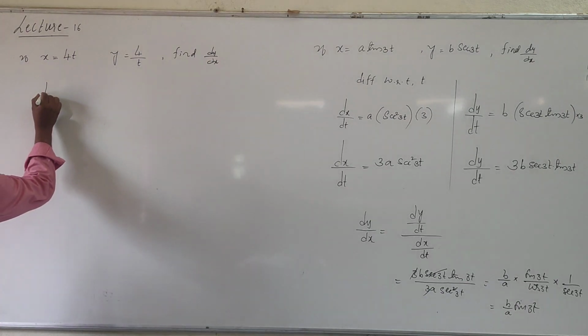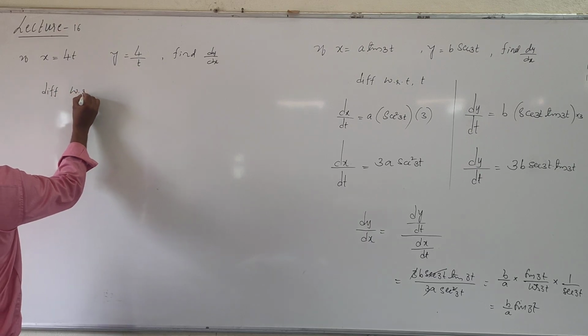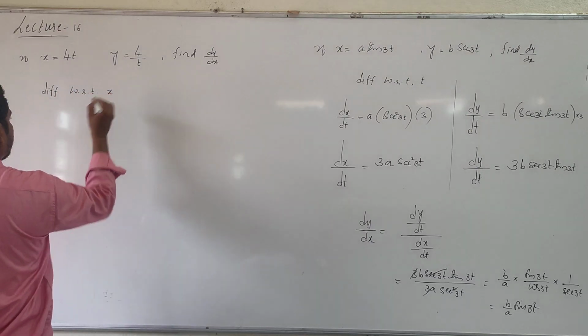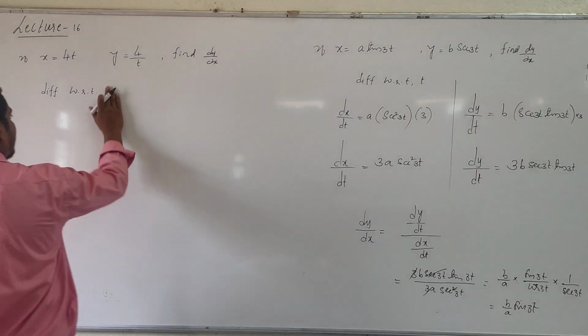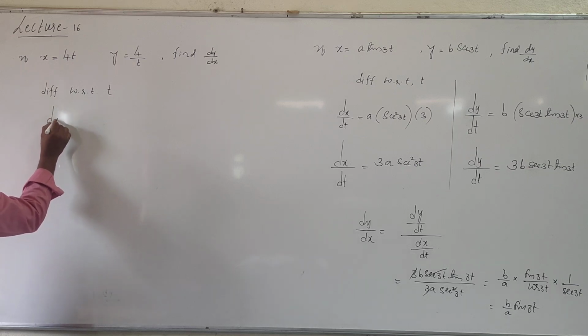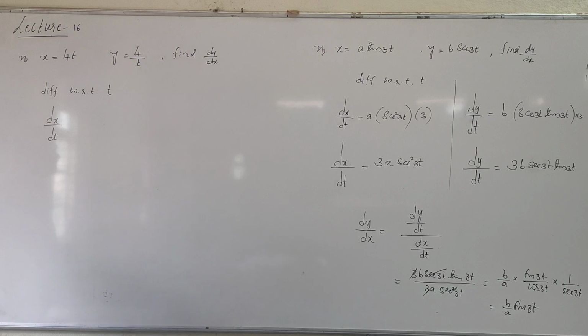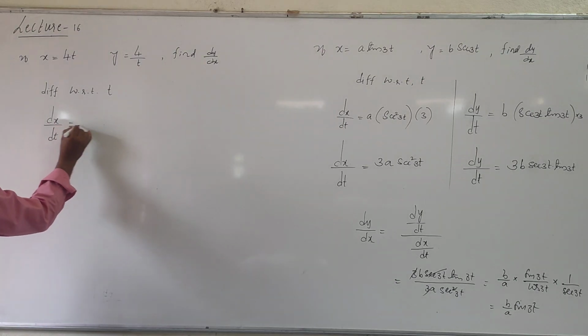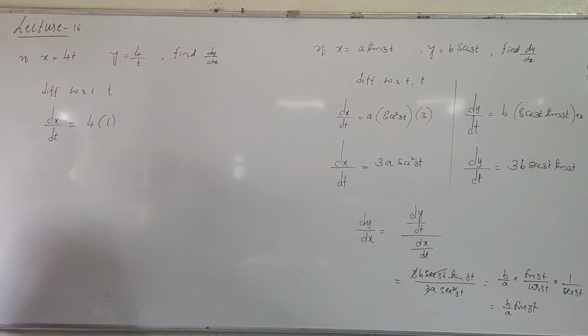So differentiate with respect to not x, with respect to t. Then what is x differentiation? x differentiation with respect to t is dx by dt. For 4t differentiation, 4 as it is, t differentiation 1.